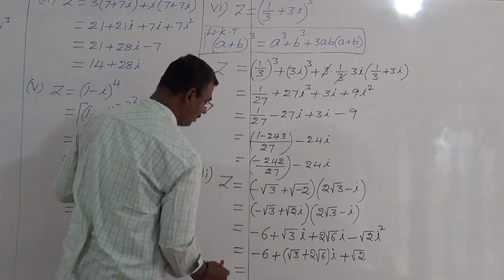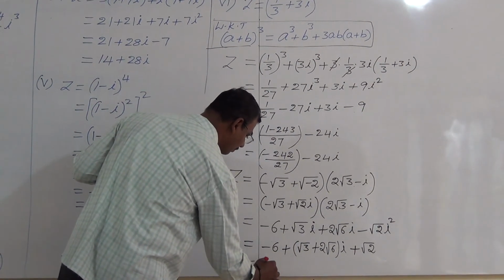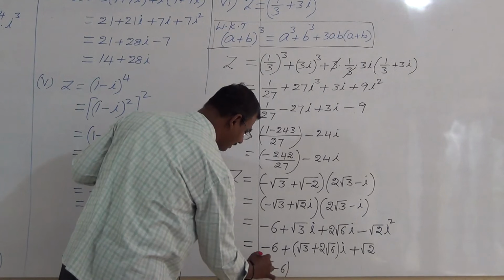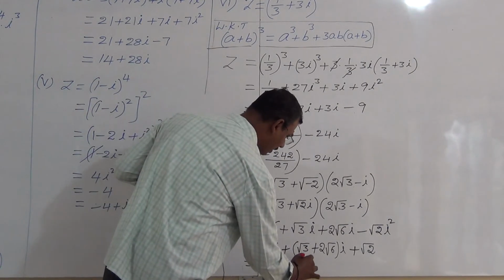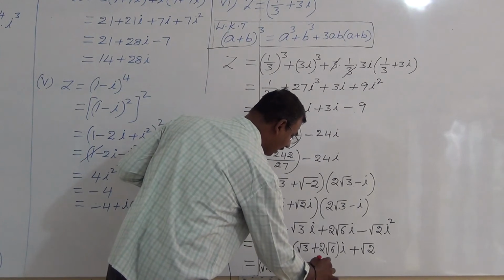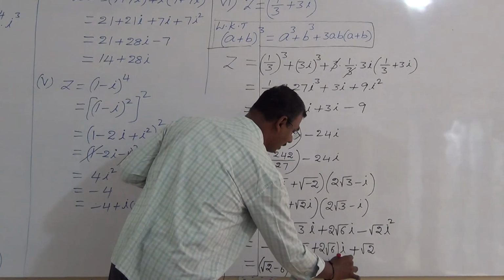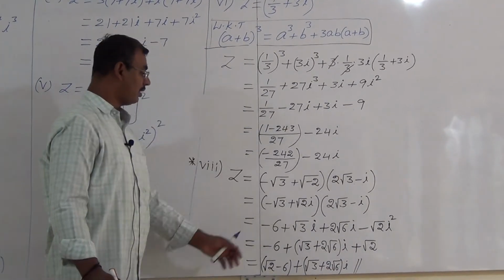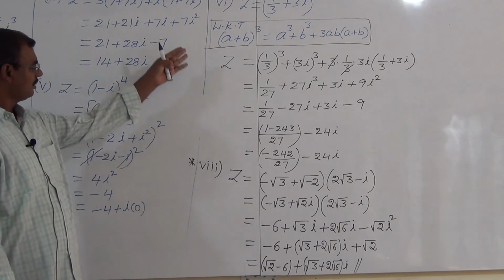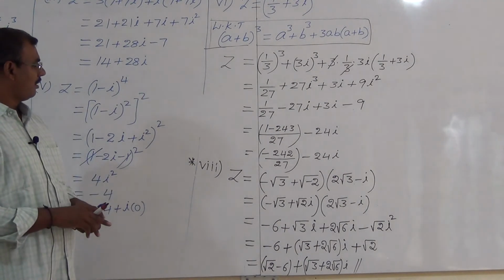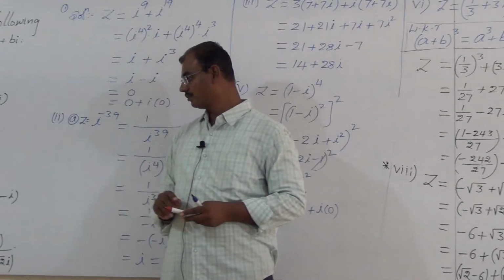This is equal to root 2 minus 6 plus square root of 3 plus 2 root 6 into iota. So we got it in the form of a plus iota b. So this is the model, very very important to convert in the form of a plus iota b.